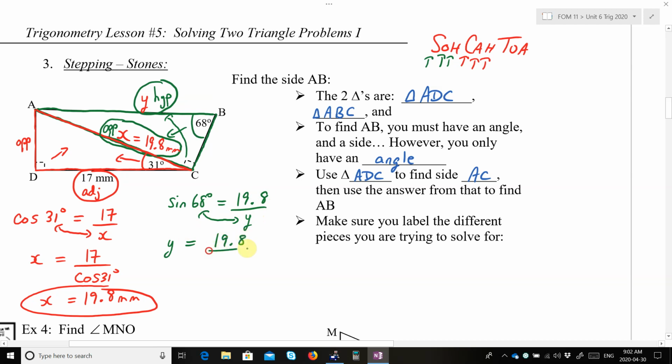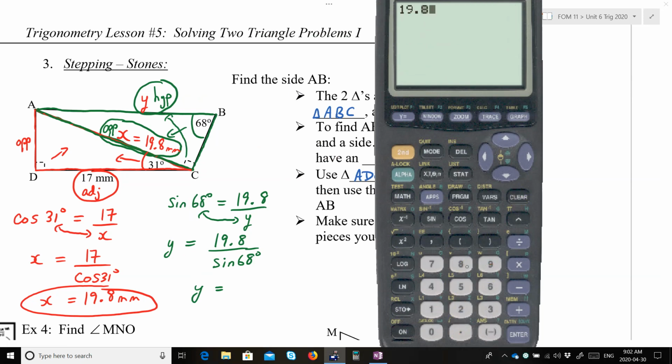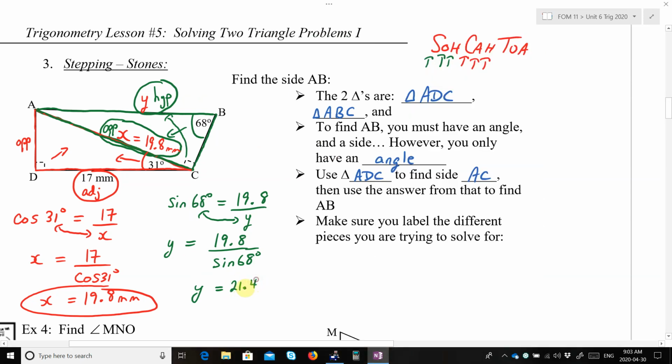So you get 19.8 divided by sine of 68 degrees, and that gives us 21.4 millimeters. Okay, and that is y, and y goes from A to B, so this is equal to AB, which is what they wanted us to find at the beginning.